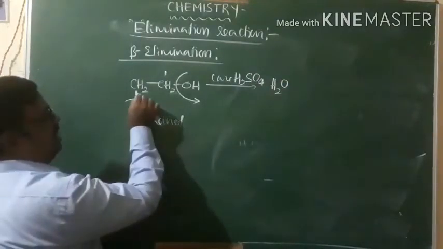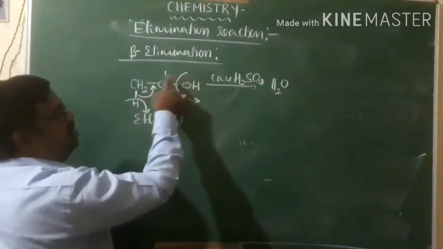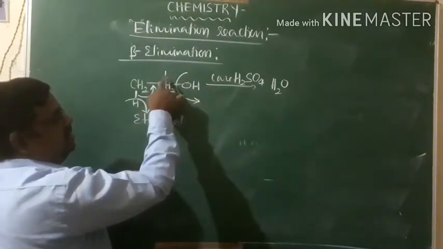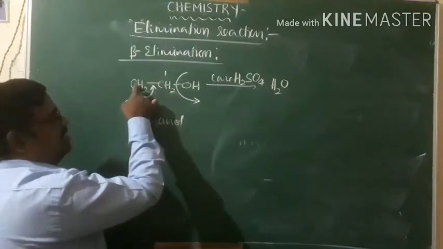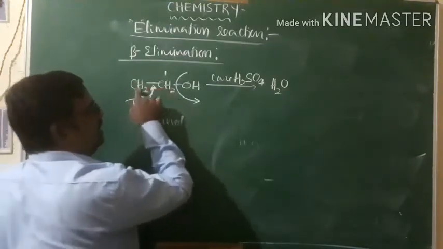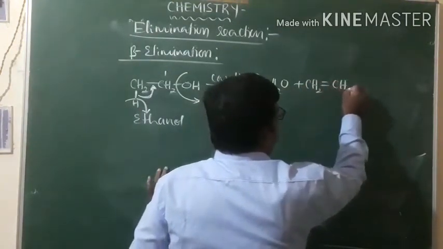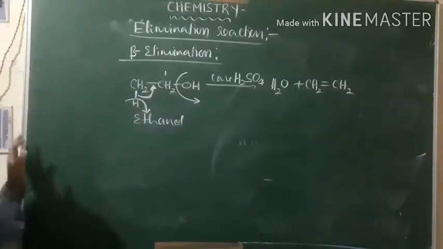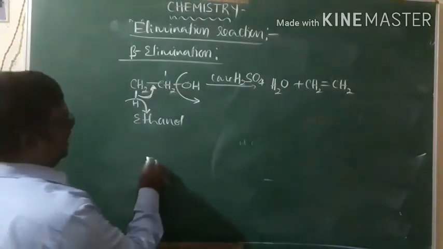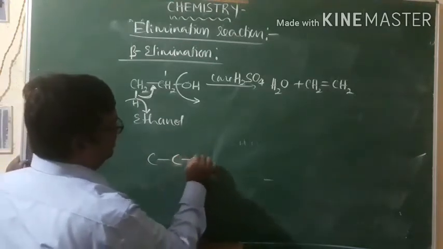After removing, this bond will be shifted to this. ಯಾಕಂದ್ರೆ when OH is removed, carbon attains positive charge. When H is removed, carbon attains negative charge. This negative charge will be shifted over this. ಏನಾಗುತ್ತೆ CH2 double bond CH2 there. CH2 double bond CH2.